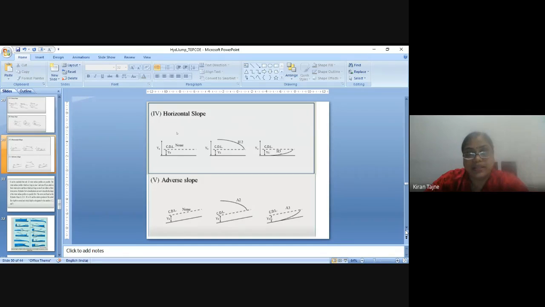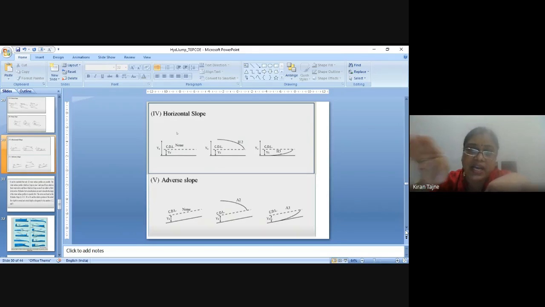Then for adverse slope, the slope is rising, opposite to the direction of flow. In most normal cases, the slope is in the direction of flow.